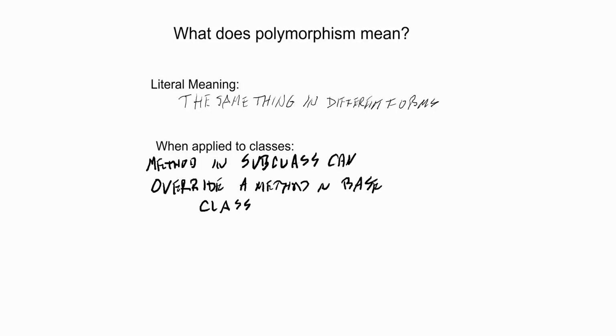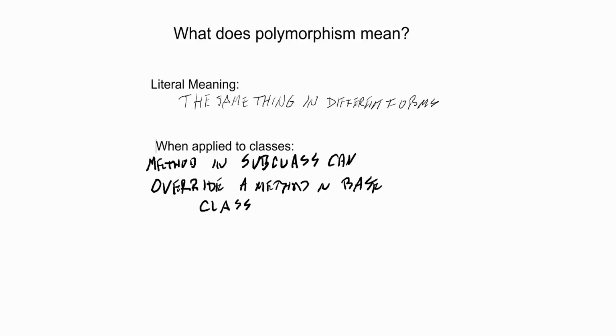So what we see is these are the same things because they have the same name, but because they have different definitions, they have different forms. So that's where we get the same thing in different forms, the same method name, but doing different things in the different classes.